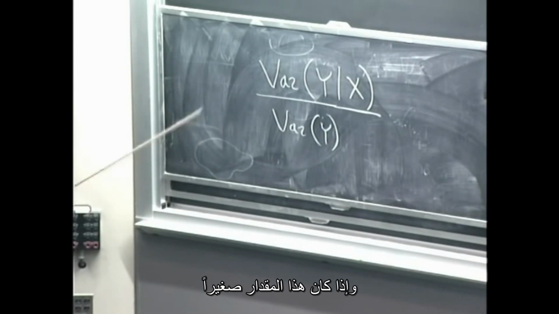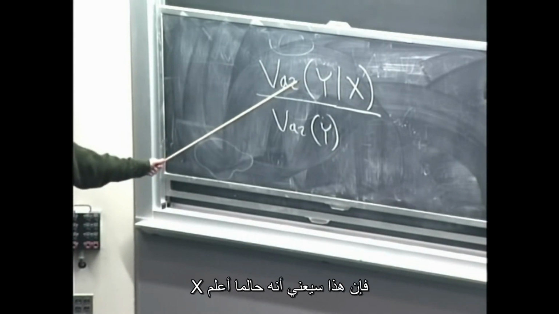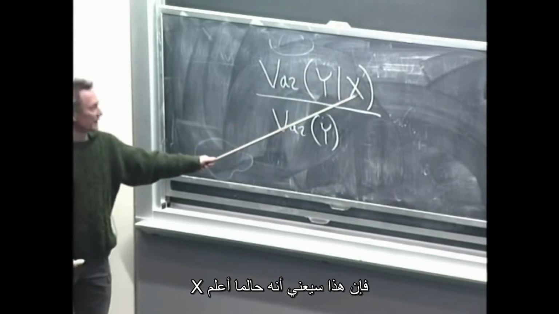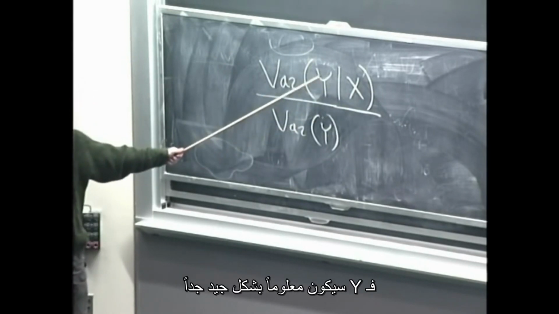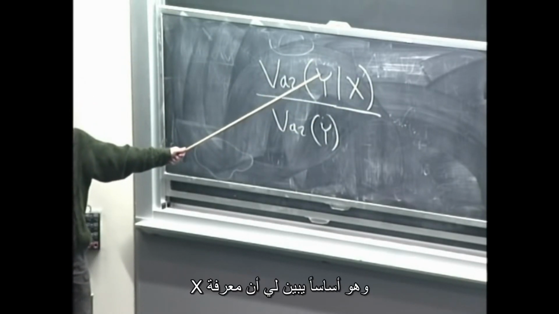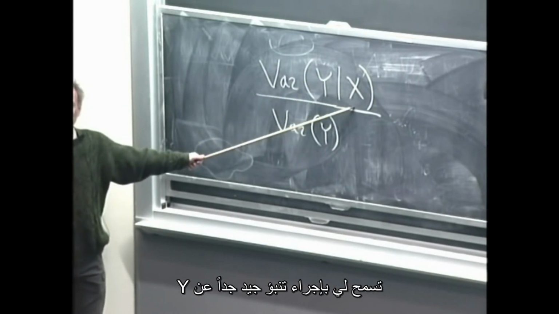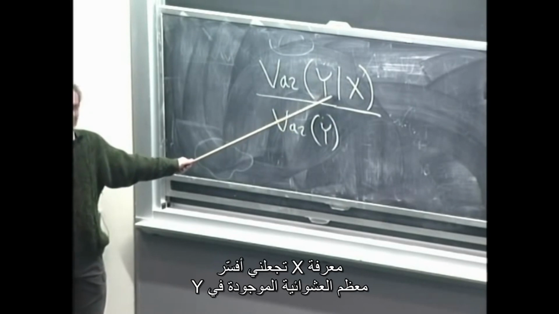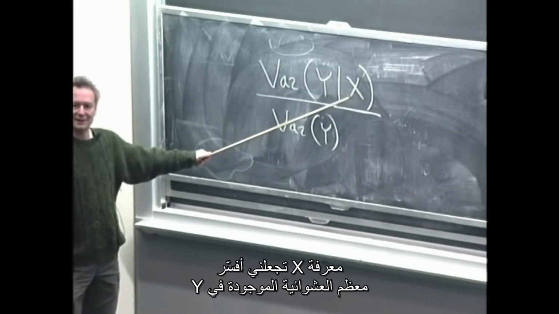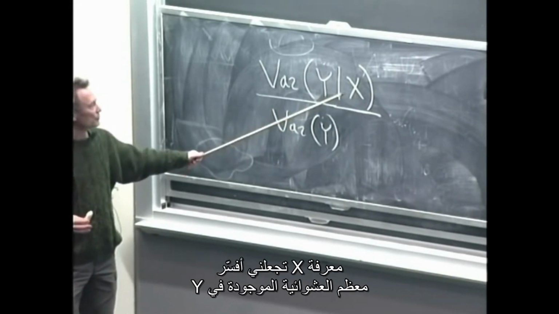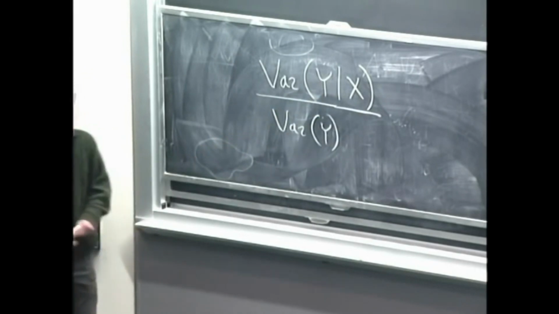And if this quantity is small, it would mean that whenever I know x, then y is very well known, which essentially tells me that knowing x allows me to make very good predictions about y. Knowing x means that I'm explaining away most of the randomness in y.